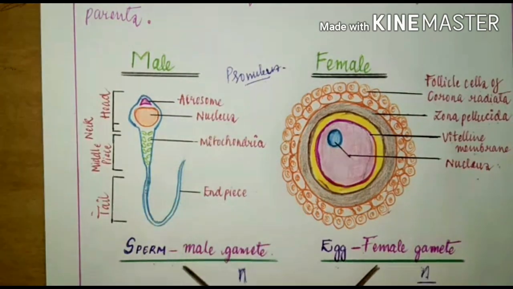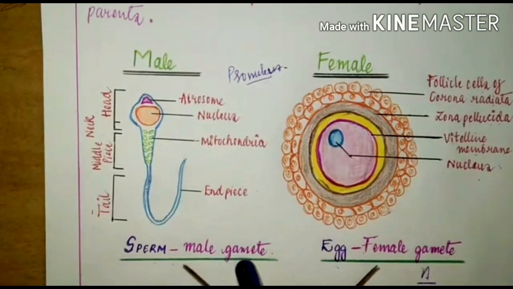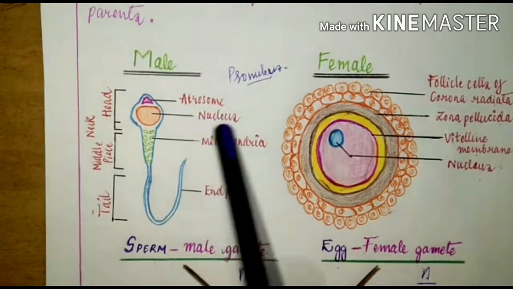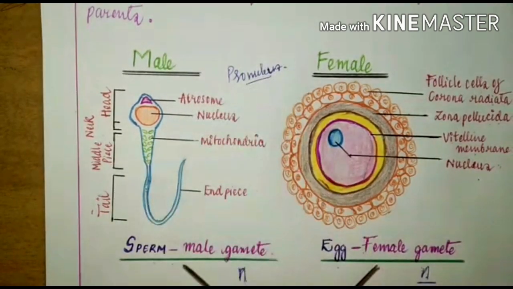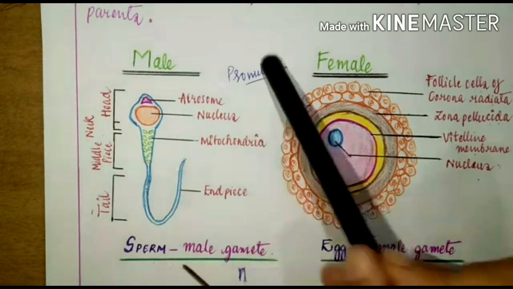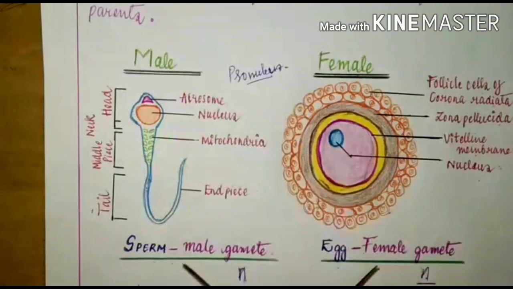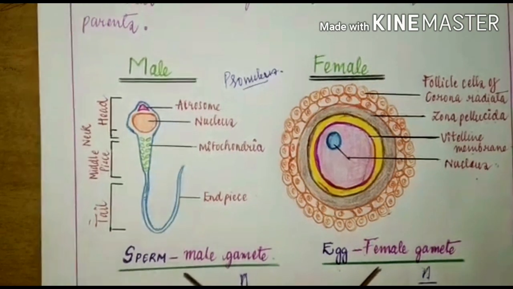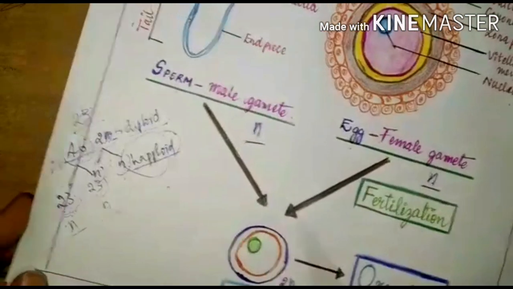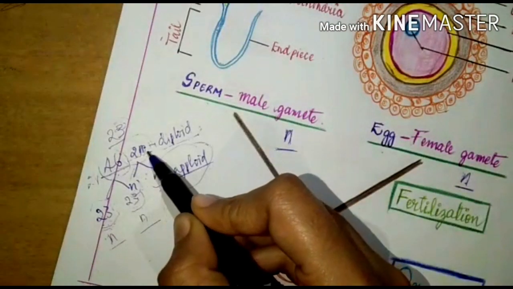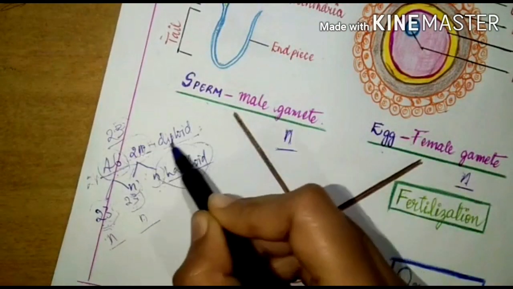Let's move to the nucleus. In gametes we usually call the nucleus a pronucleus. I'll tell you why. During gametogenesis, what happens? Meiotic division, right? We all know meiotic division is reductional division. What do you mean by reductional division? The parental cell will have the 2n condition, that is diploid.